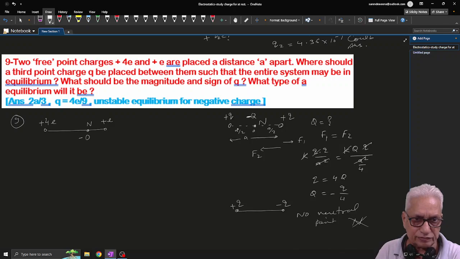And by logic, we have to put the charge q negative here. Okay, as per the question, small q, no problem. But the minus sign comes by logic. This is the trick of the question, the method here.